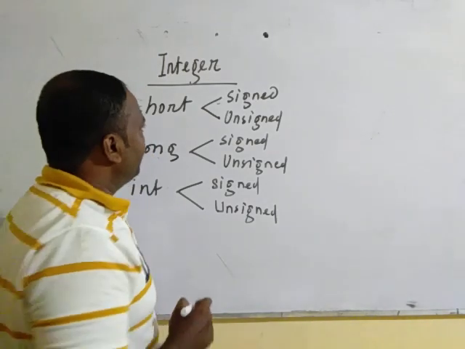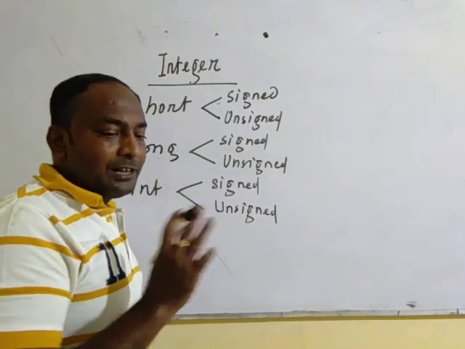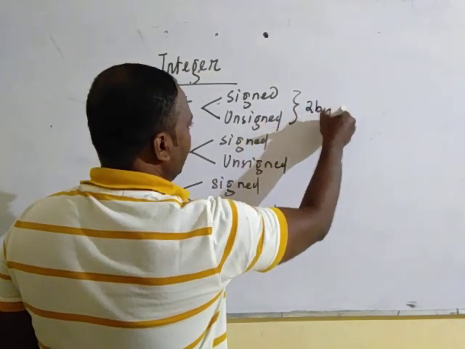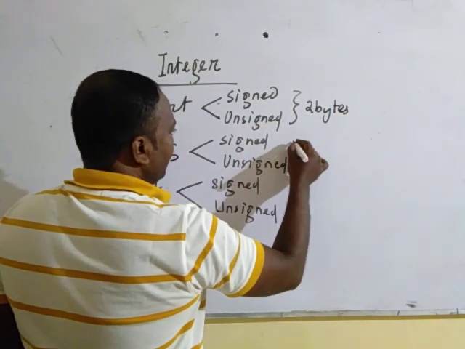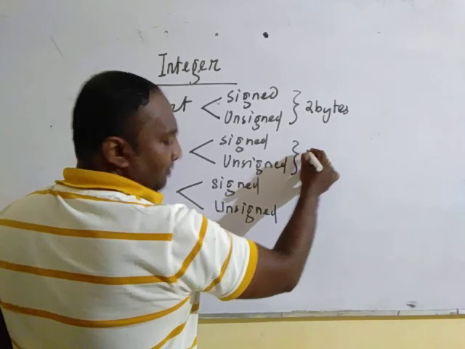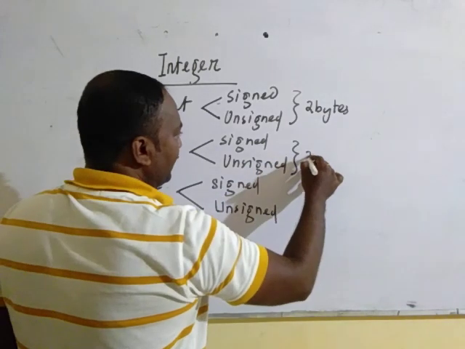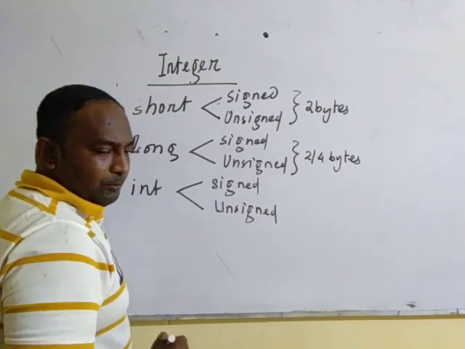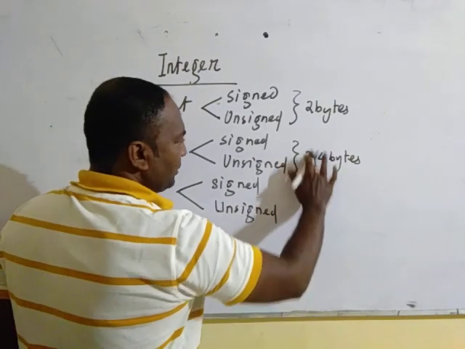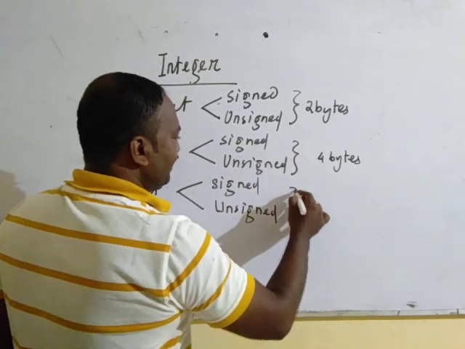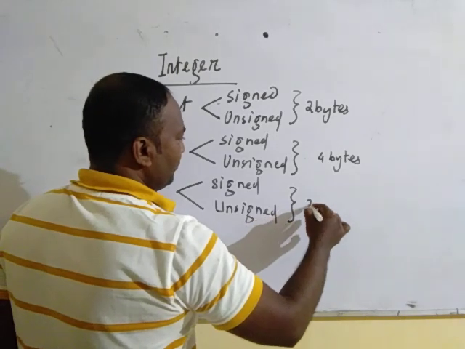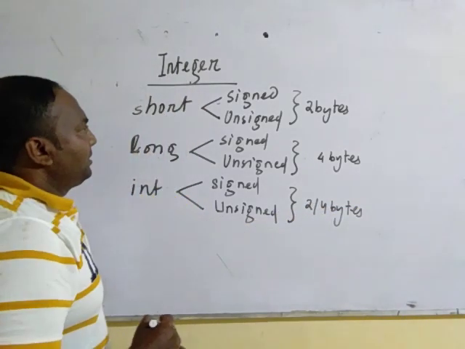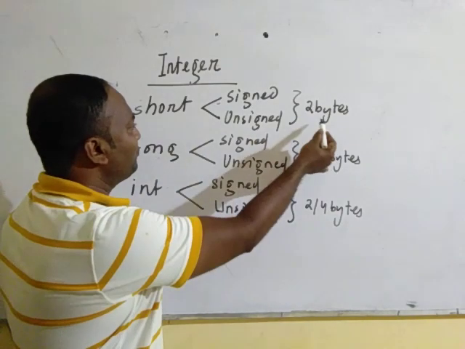Let us take an example. Short data type, and what is its memory location? Short data type memory location is 2 bytes. Long is either 2 or 4 bytes.